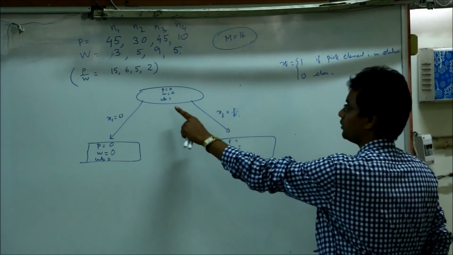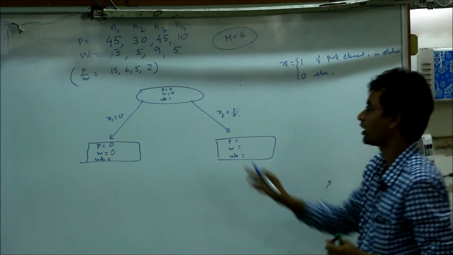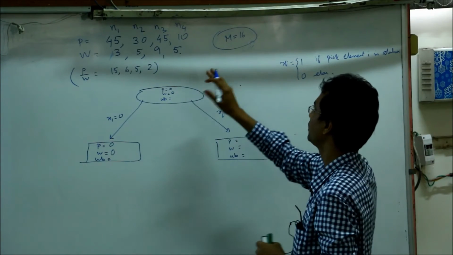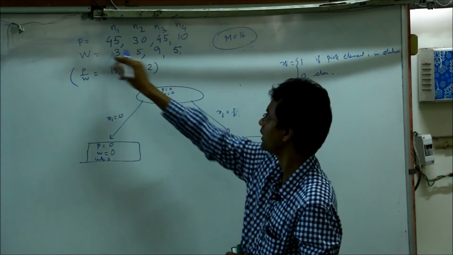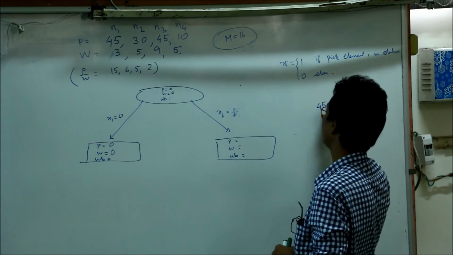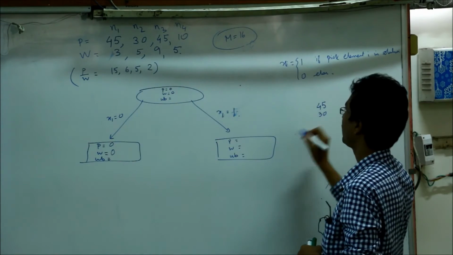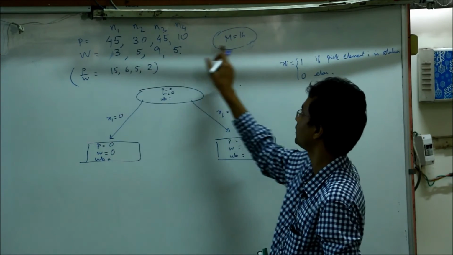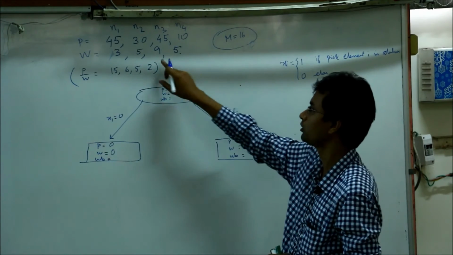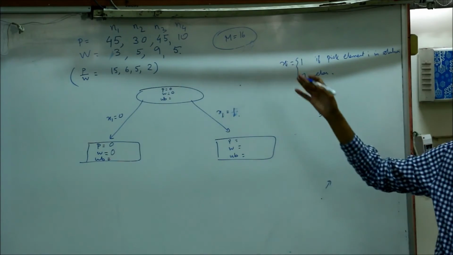For the upper bound we will use the fractional knapsack problem. Your M is 16, so we pick the first element, which gives a profit of 45. You pick the second element, which gives a profit of 30. Now you have covered 8 units of the 16 units, so you cannot include the third element in full because that would lead to 17, which overshoots the knapsack capacity.